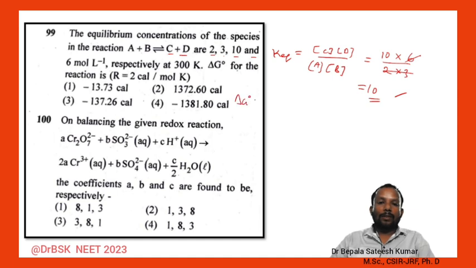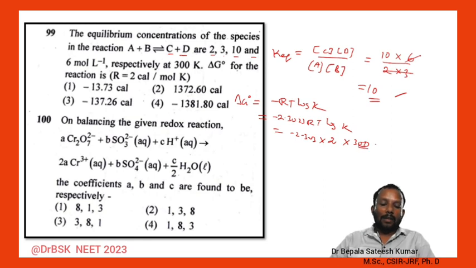The formula is delta G equal to minus RT log K, which is minus 2.303 RT log K. Here we substitute the values. The gas constant is 2 calories, and the temperature is 300 kelvin at room temperature.